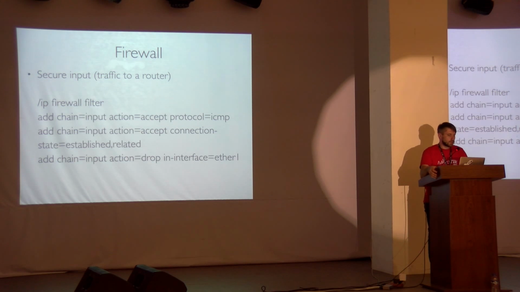The third rule is dropping connections from the public interface. If you don't have any service like DNS or similar, you just drop everything from it, and that way nobody from the public network can access your router.